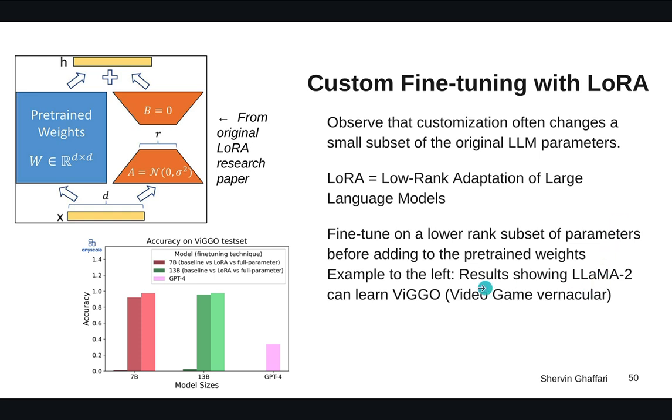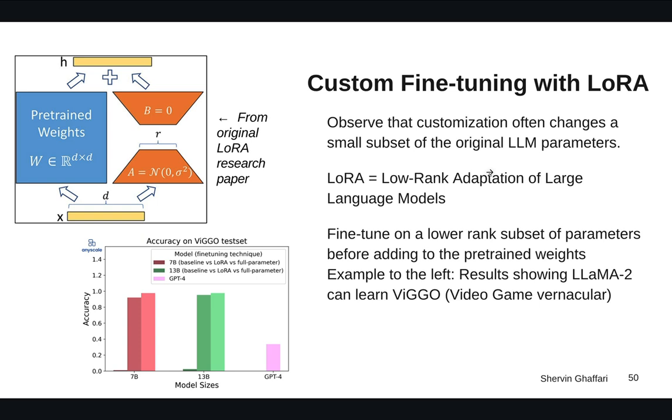And you can see here that for using the LoRA technique, the results are near the full parameter training as expected, because it keeps the model weights frozen while adding some additional weights, but they're low rank, as you can see in its name.